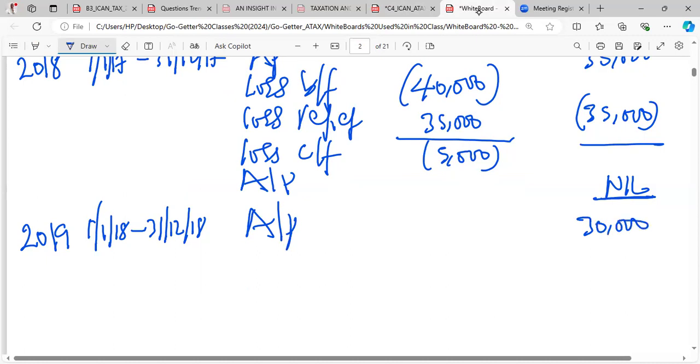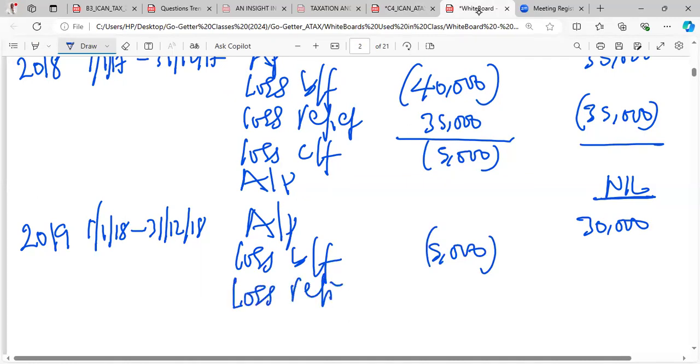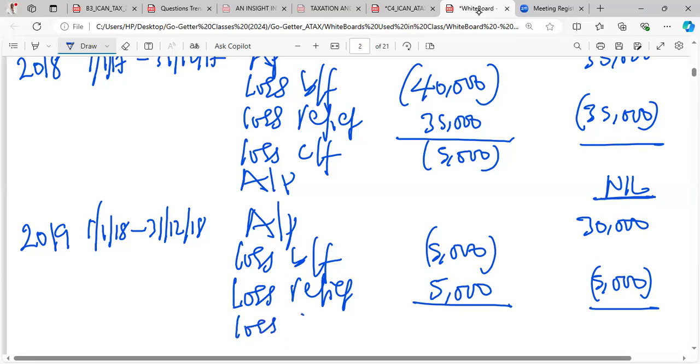So 30,000 accessible profit. We have 30,000. Loss brought forward 5,000. So we are going to relieve the whole of this 5,000. Then this is loss carry forward nil.